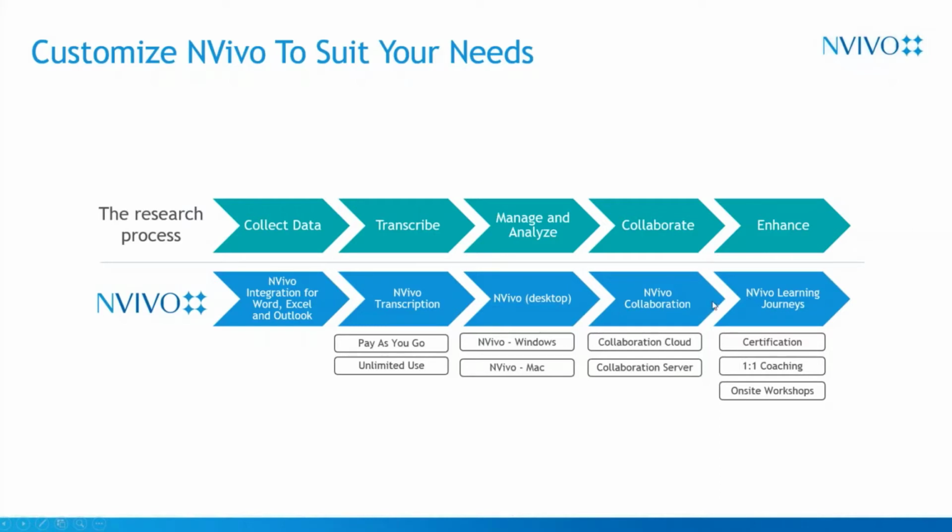And for NVivo collaboration, we have 2 options: collaboration cloud, which is meant for a team of up to 5, or a collaboration server for a larger team that also wants to work simultaneously on their project, and it sits on a dedicated server at your organization.